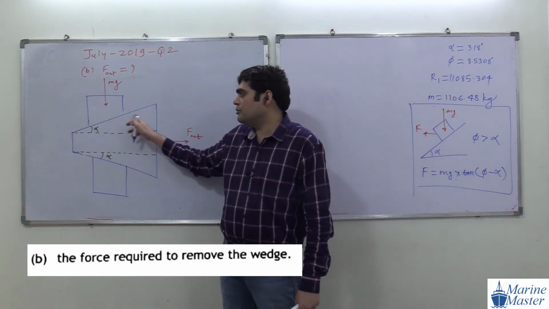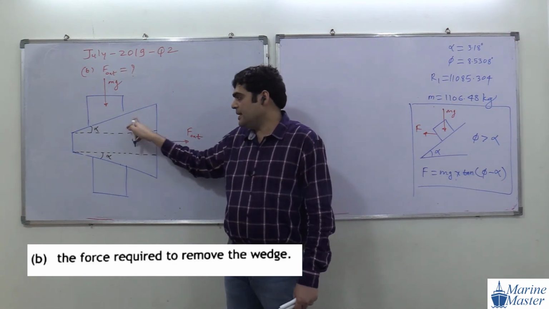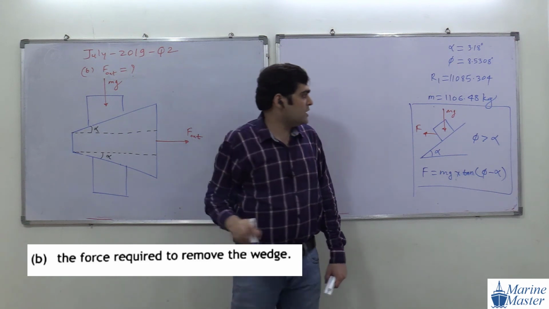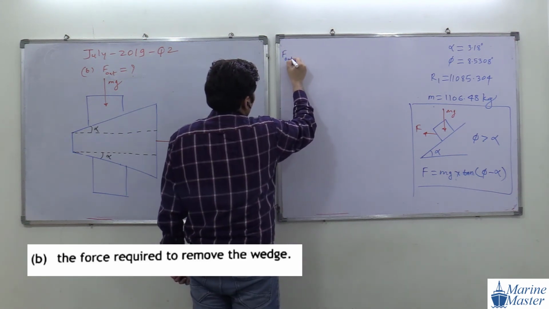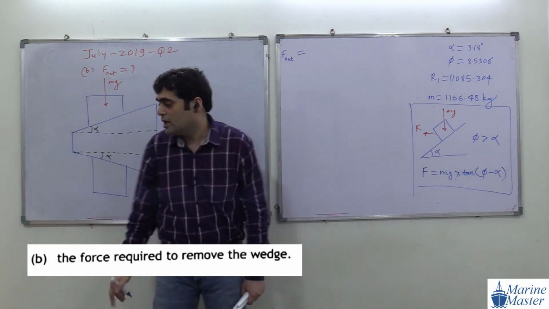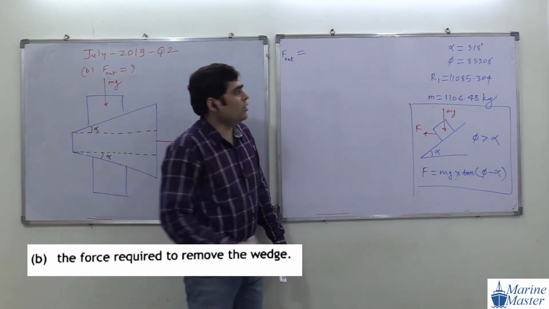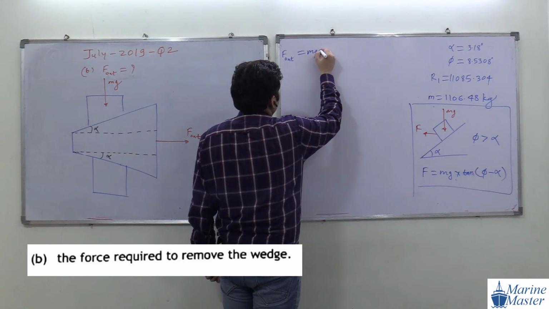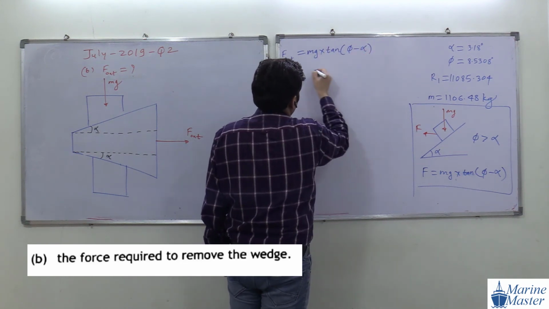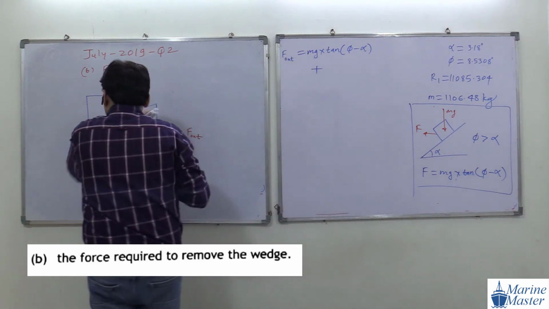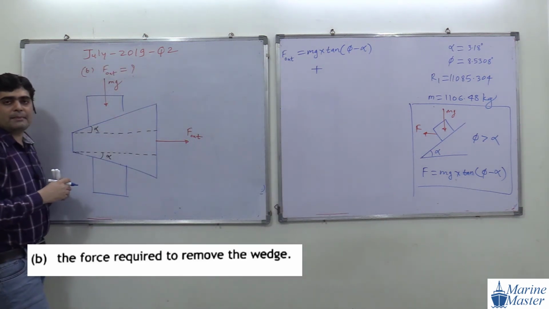We want to move down the plane for this plane and then this plane. So what expression can we write for F out? For this plane, the load is mg tan of phi minus alpha, plus for this plane, same, mg tan of phi minus alpha.